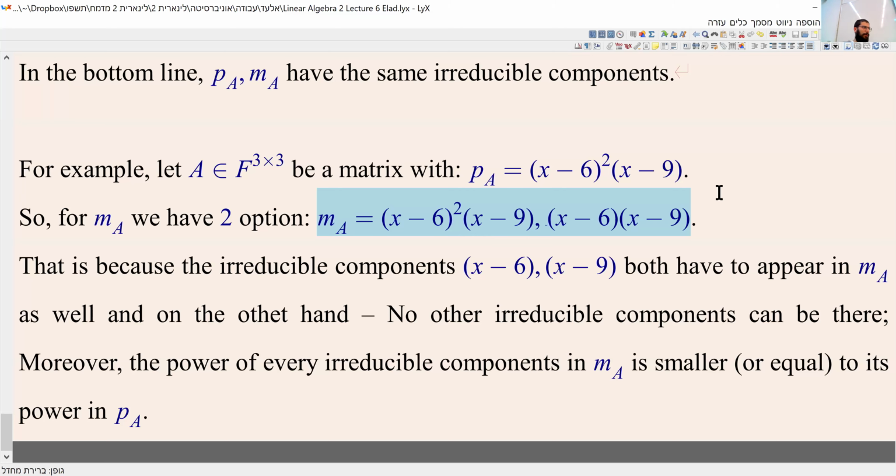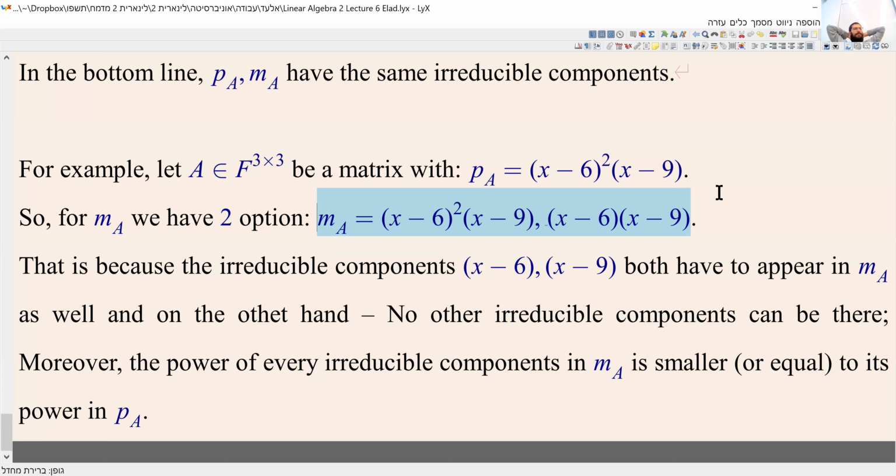And then finally, when we have two options, or maybe more when the matrix is larger, we have to check which option checks out by hand.